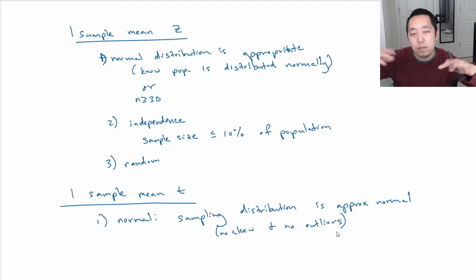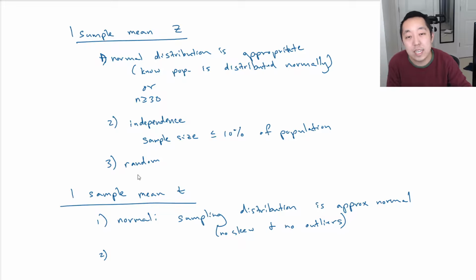The one thing about the normality condition for the t-test is really that I don't know anything about the population, so I can't assume it, and because the sample size is very small, I can't use the central limit theorem to tell me that it's a normal distribution. So you look at the data, and as long as it looks about normal and it's not skewed one way or the other, then you could say the distribution looks about normal, so we'll just assume normality there.